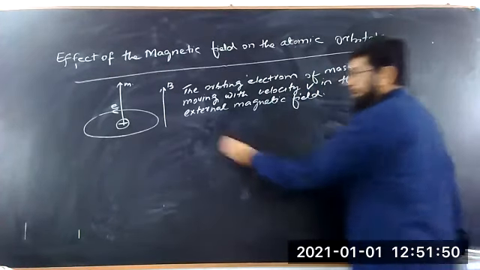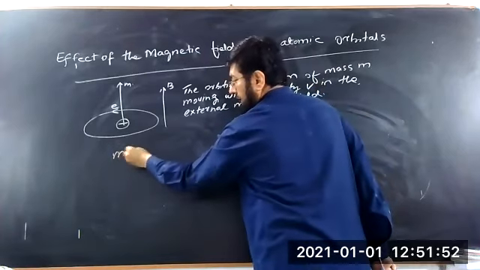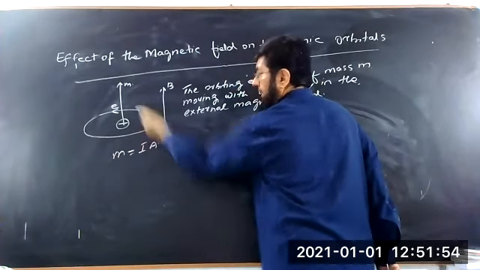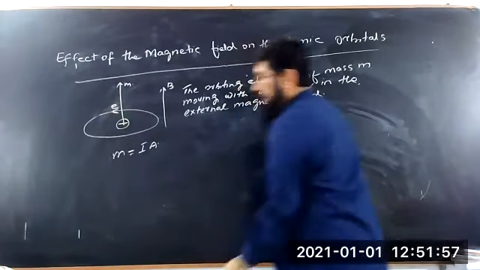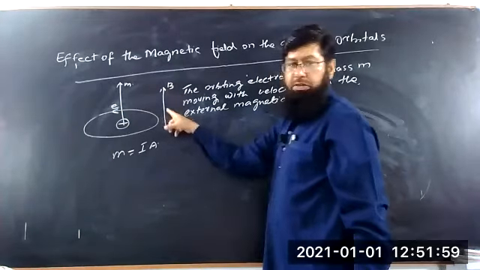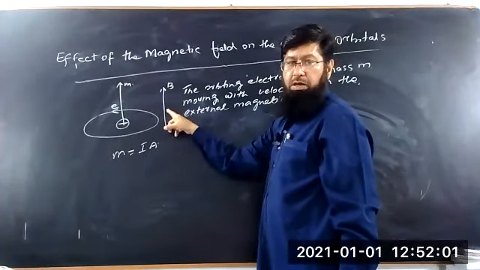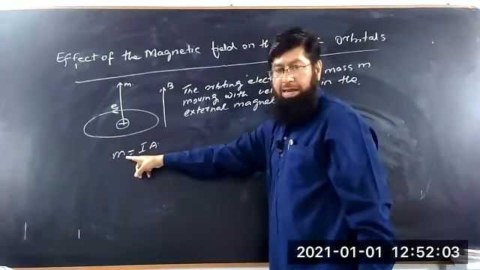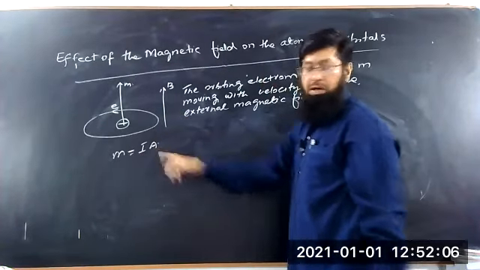So here the magnetic moment M is equal to current times area. The magnetic moment M interacts with the external magnetic field B, and we know that the magnetic moment M is equal to current times area of the loop.